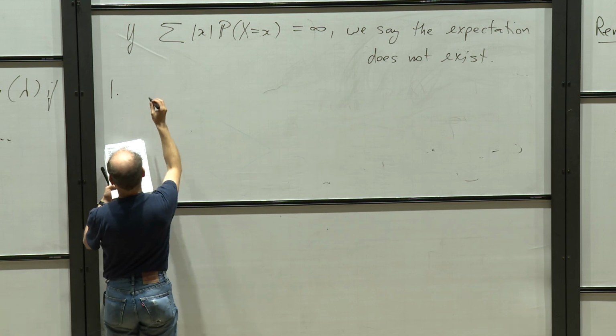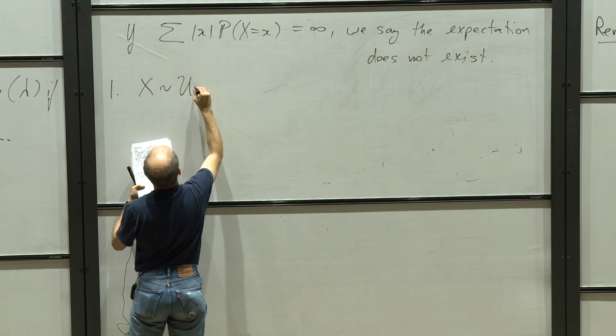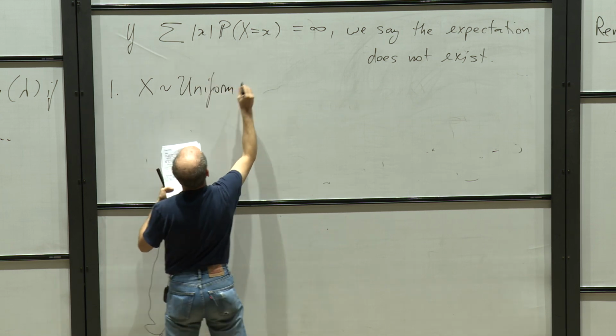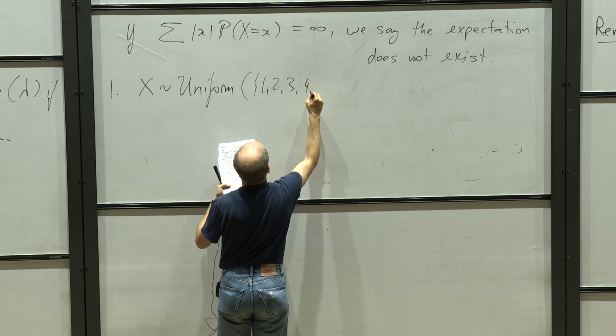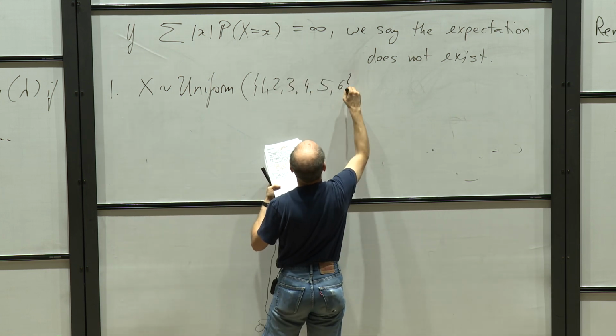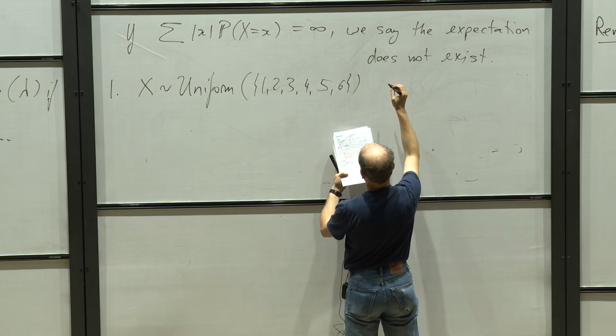So first example, if X is uniform on the set 1, 2, 3, 4, 5, 6. So rolling a fair die is the setting here.